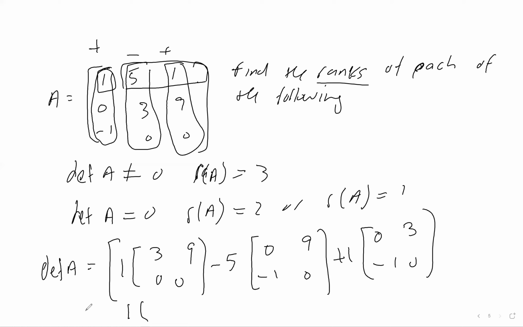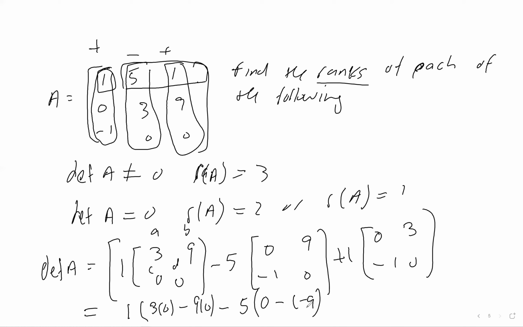It's 1 times, with A, B, C, and D, the same operation, A times D, which is 3 times 0, minus 9 times 0. So 1 times 0 is 0. And then minus 5, and you calculate this one: 0 times 0 is 0, and then you have minus 5, and then minus 9. So just forget this one.